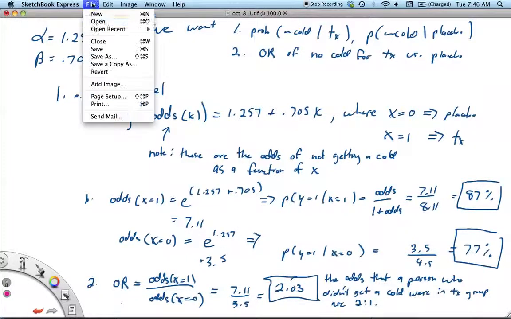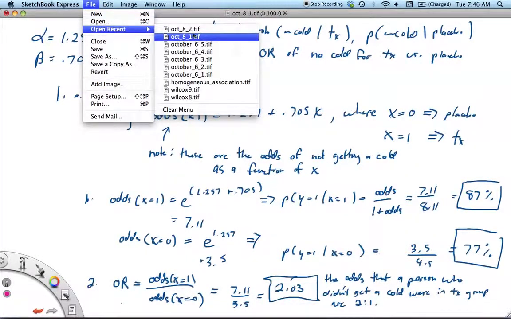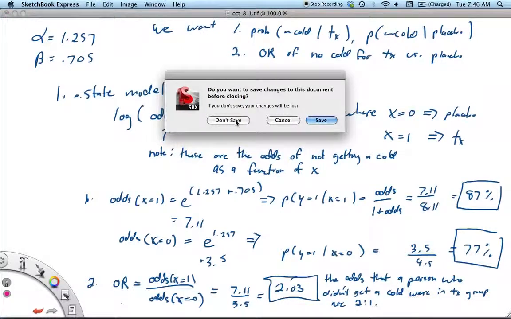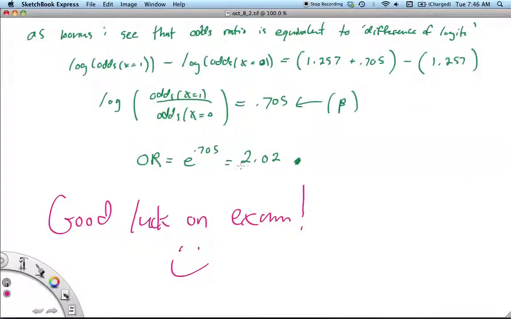Okay, and now, as I promised yesterday, there's a bonus here. If you're asked for that odds ratio, it could be phrased a little bit differently. They could ask you for the difference of the logits. And I just want to show that those are equivalent.